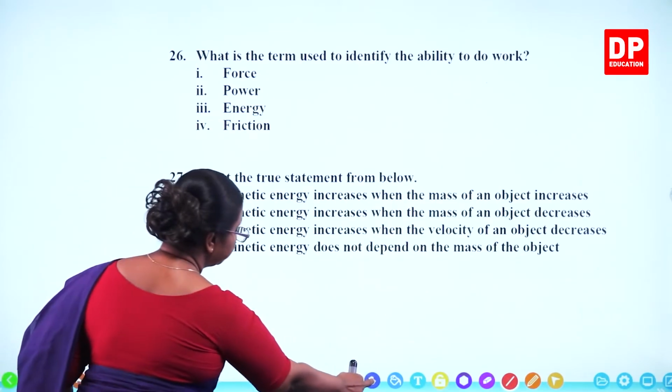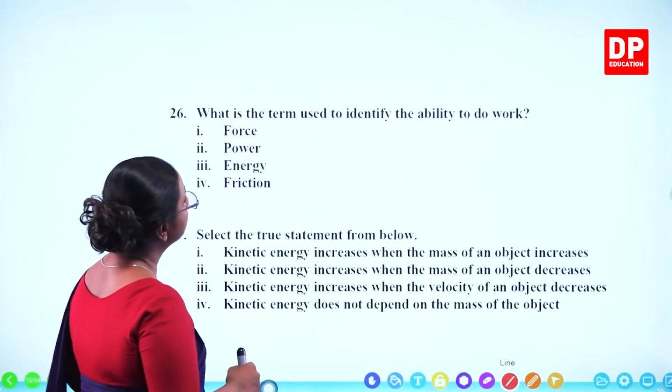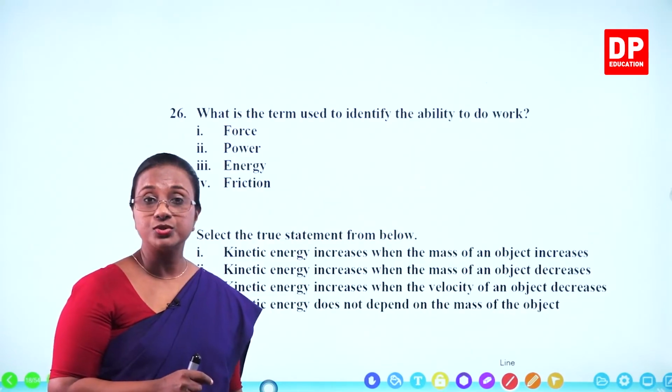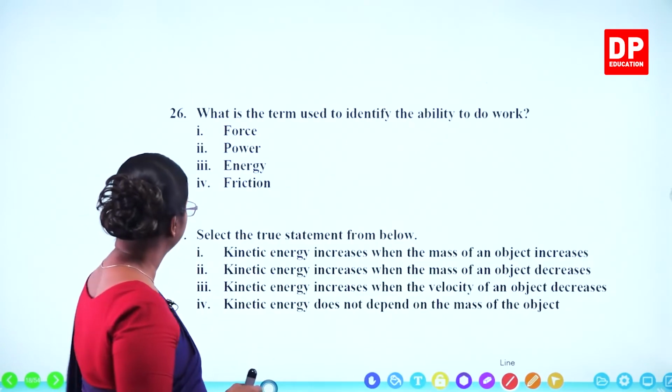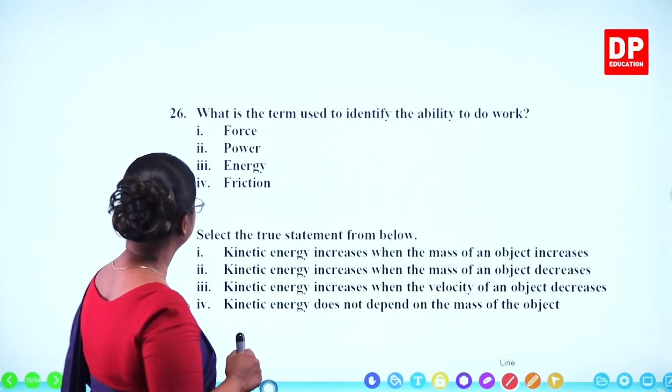What is the term used to identify the ability to do work? Force. What is force? Push or pull. Power. Work done in a unit time.